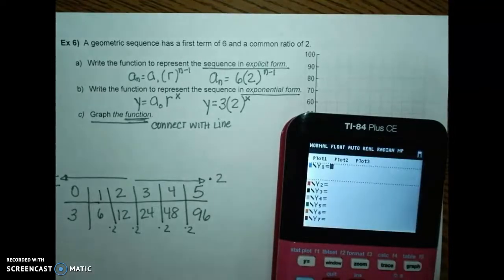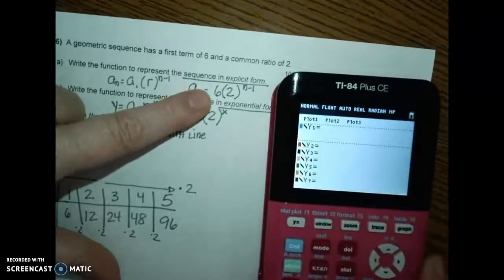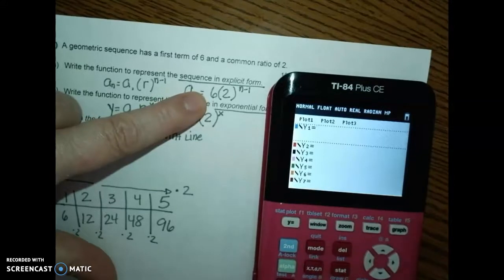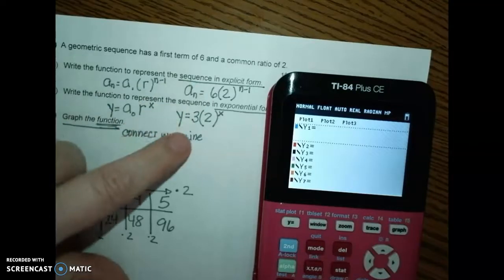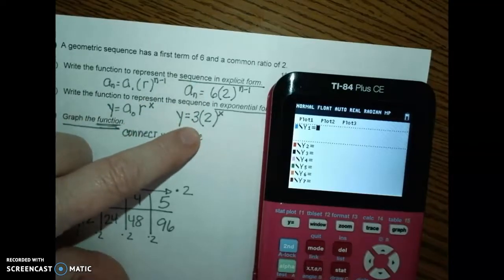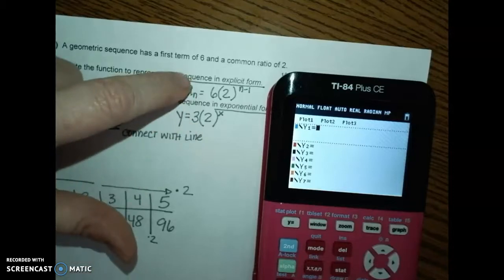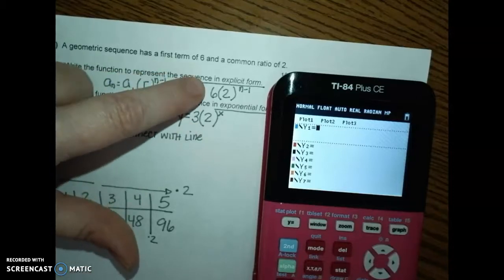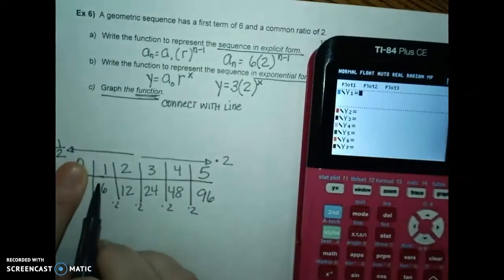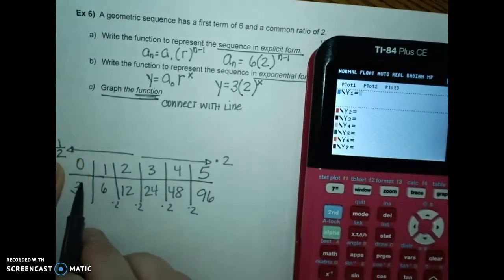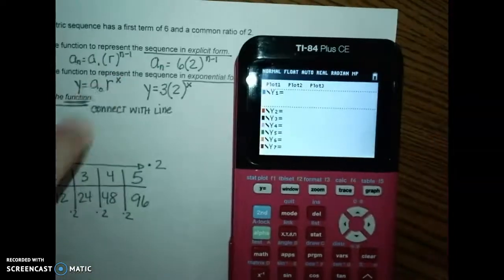We're going to go into y equals and put both of these equations in to remind you how they are, even though they look different. This one is starting where x is 1. This one is starting where x is 0. The function starts at the y-intercept, its start value, and with the sequence, we always start where x is 1. That's why when we first started down here, we started the first term, and we had to move it back to go to the function.